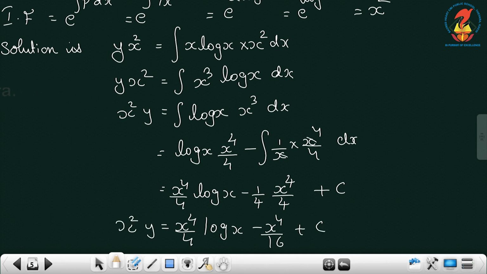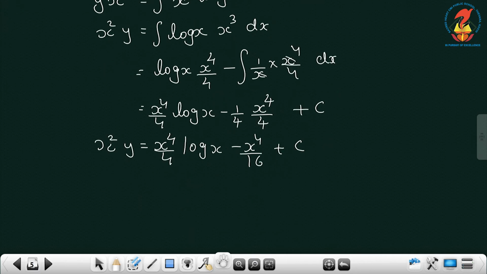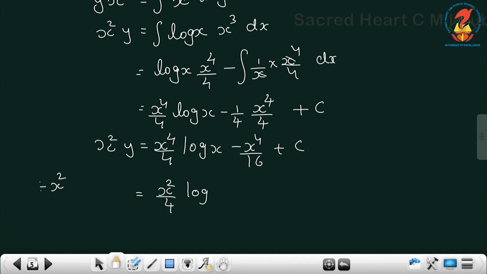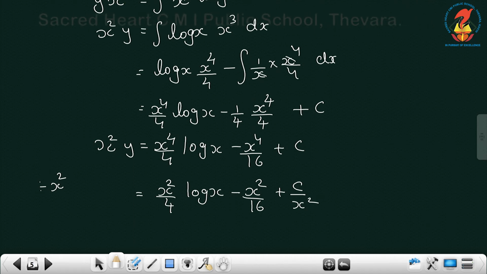That is the left side, x square y. Now we can divide by x square. So it is x square by 4 log x minus x square by 16 plus c by x square. Or we can take x square by 16 outside.